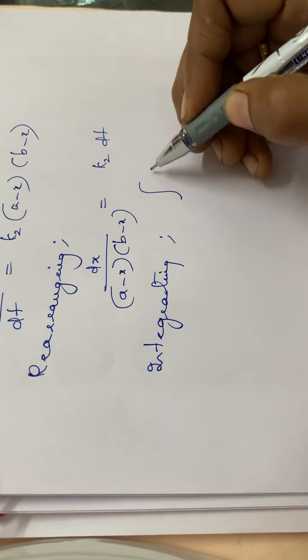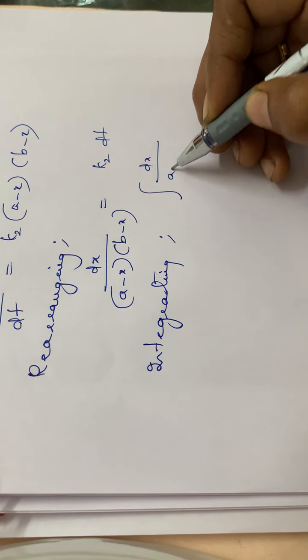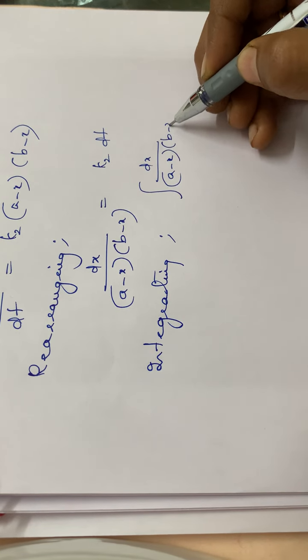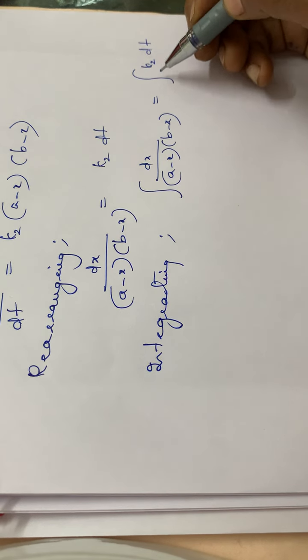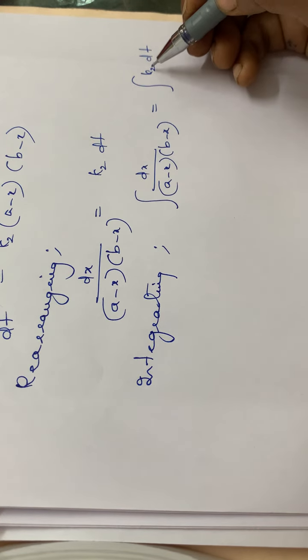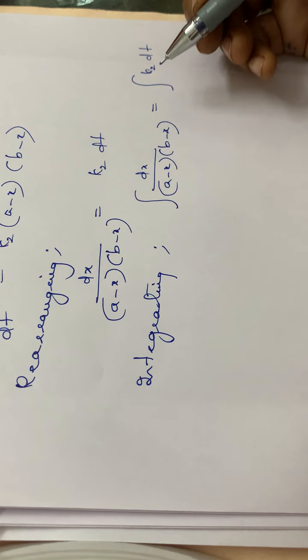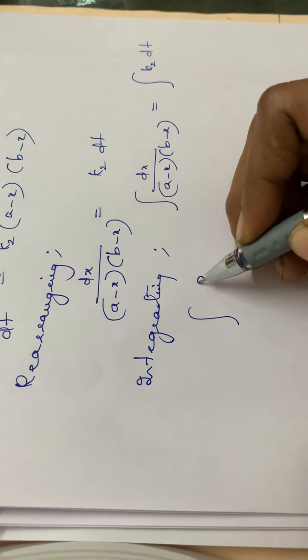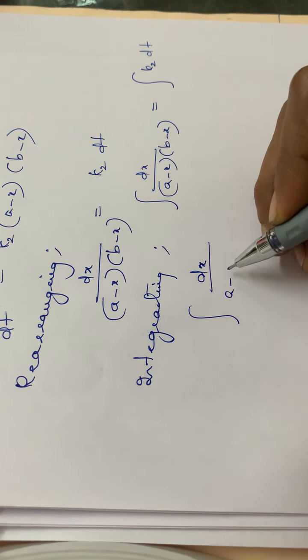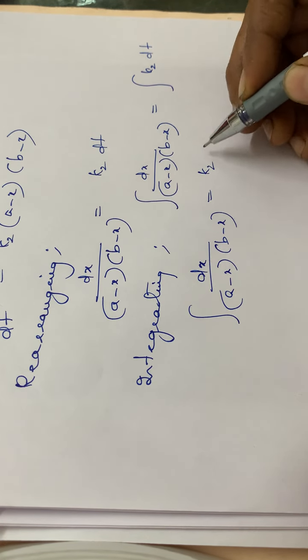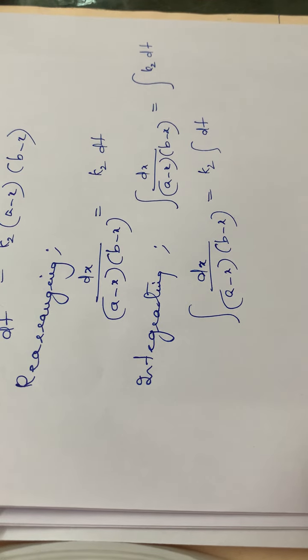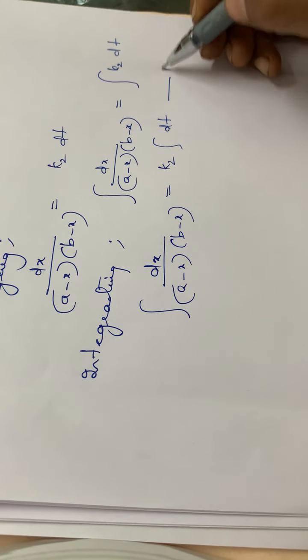Integral of dx divided by A minus X into B minus X is equal to integral of K2 into dt. We can take the constant outside. So it becomes integral of dx divided by A minus X into B minus X is equal to K2 integral dt. Put it as equation number 1.